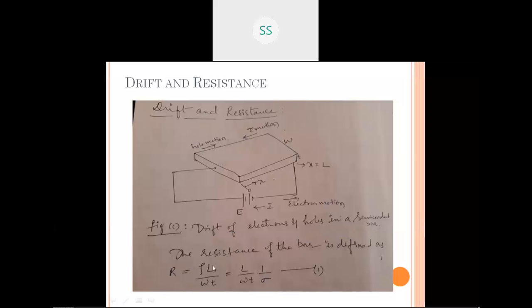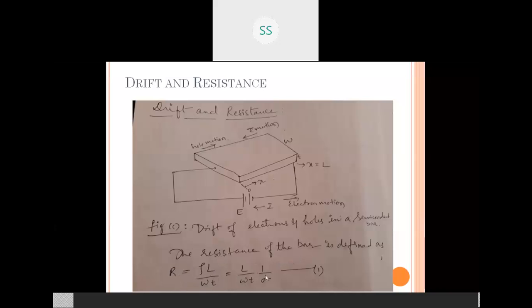Now this relation is usually known to you, the resistance of the bar. The resistance of the bar is defined as capital R equal to rho L by area, and area is nothing but W into T. Rho is the resistivity of the semiconductor material, L is the length of the slab that is considered, W is the width and T is the thickness.